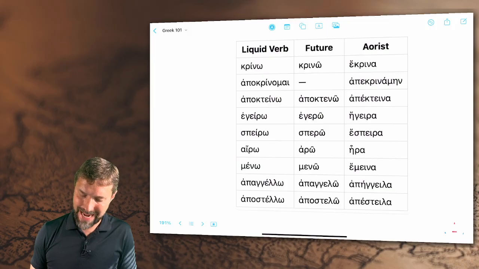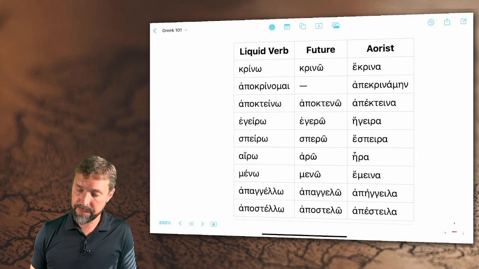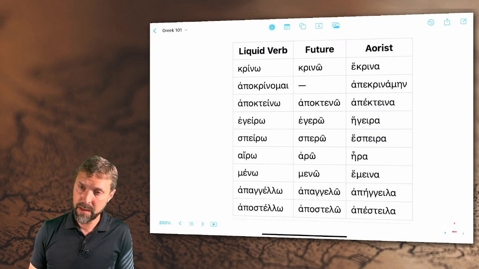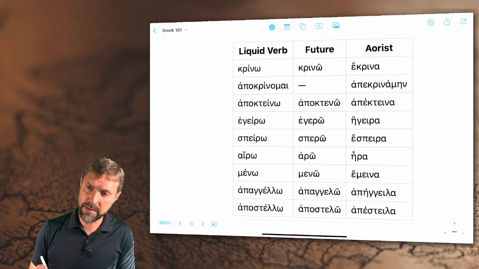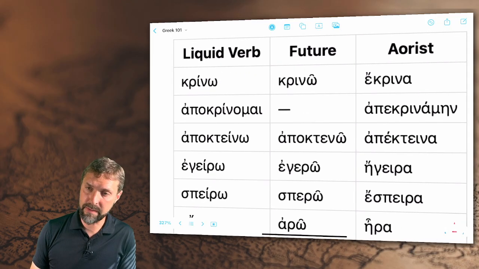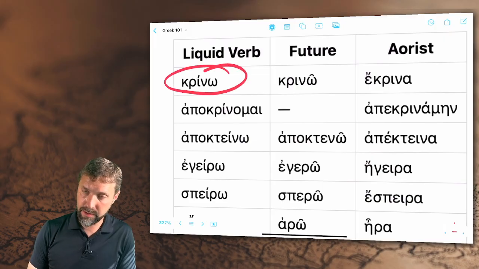Okay, and if that works itself out in implementation, here are the verbs that we have. I've put these in a bit of a pattern. This is derived from Plummer, but I made a couple of adjustments to it because there's a bit of progression here, and there are some patterns. The first is krinō, and krinō is a perfect test case because the vocabulary form is just our standard form.